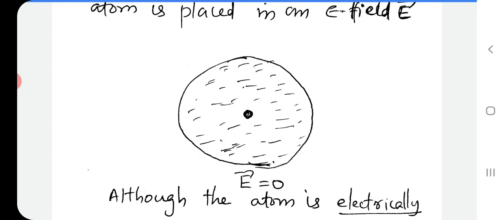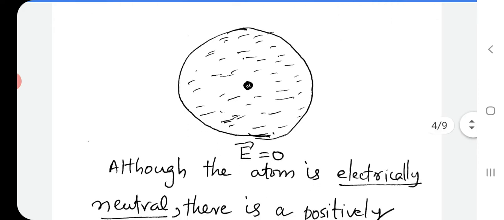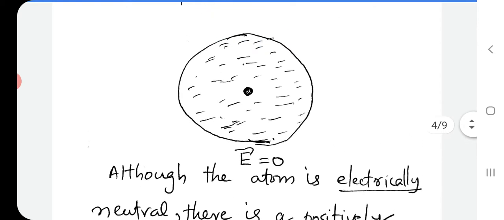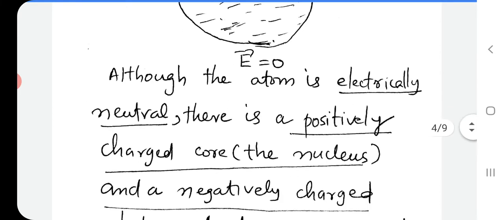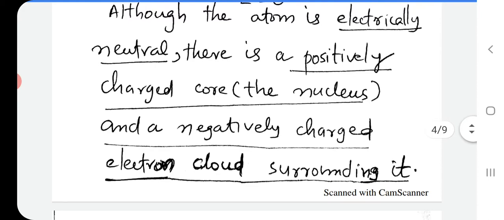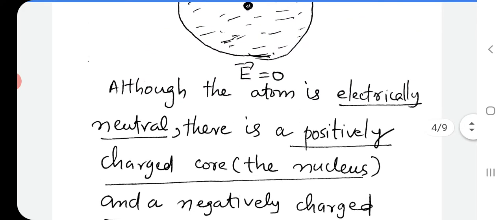At the center you see the nucleus, a positively charged core, and a negatively charged electron cloud surrounding it.